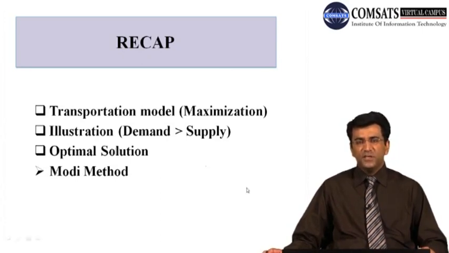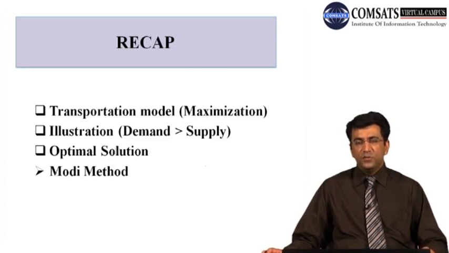So we discussed this special case in our last lecture, and again we discussed a different situation, when demand is greater than supply. In that case, I told you a step we would have to follow: we will have to add a fictitious or dummy source of supply, and allocate quantities equal to the difference of total demand and supply to this dummy source.